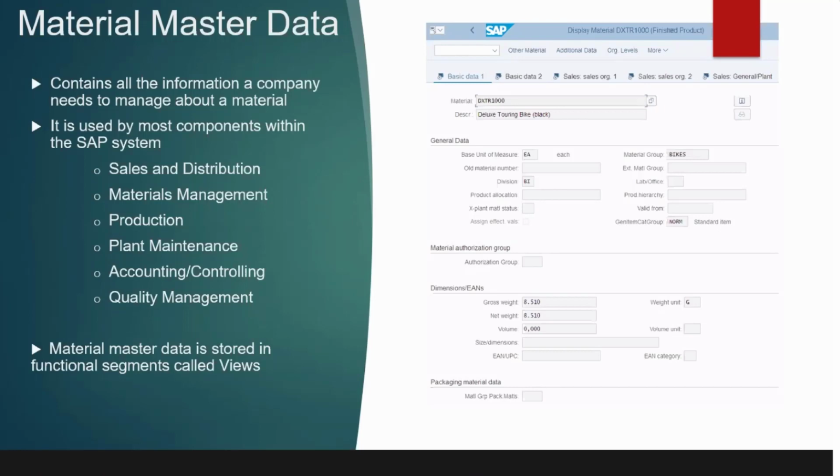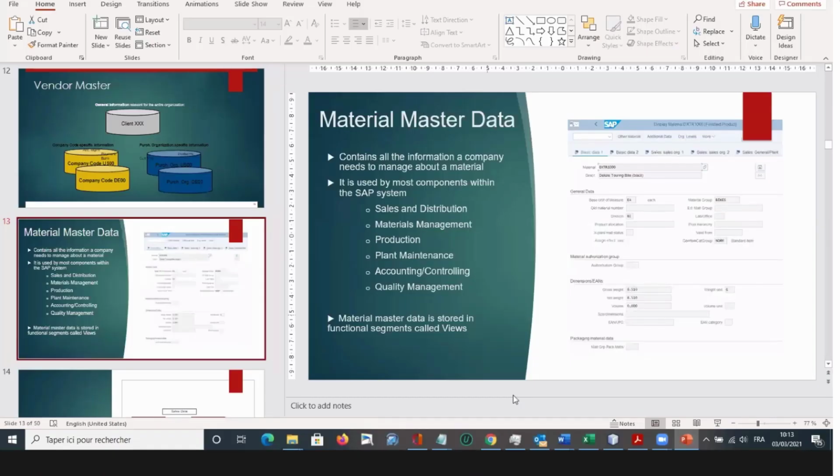So for example, you have a company making cookies, and you receive the flour, you should check the quality of this. Otherwise, you will have very bad quality or very risky quality. Material master data is stored in functional segments called views. So when you define material, you define the views.